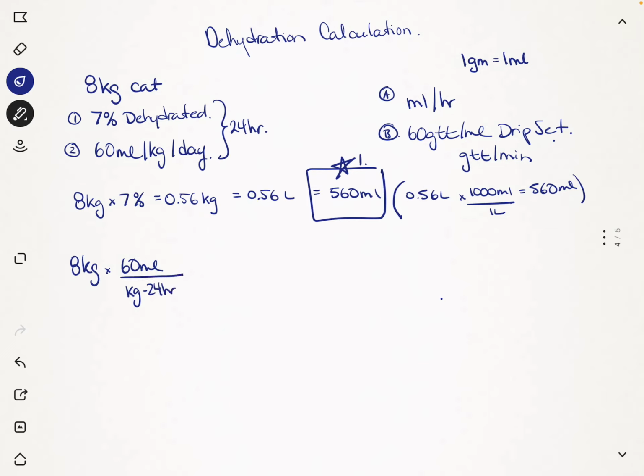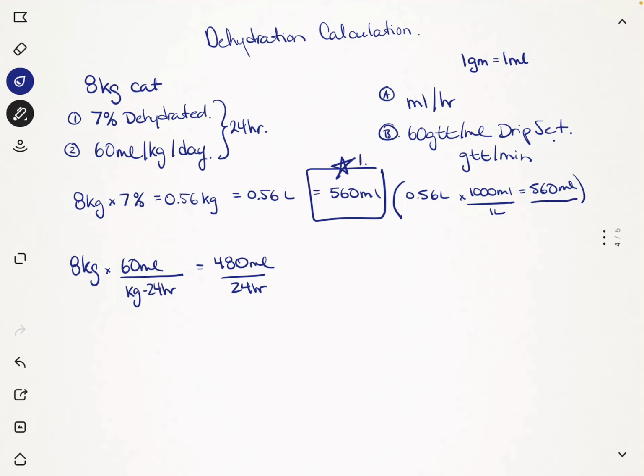So then we go 8 times 60, which gives us 480 mils over 24 hours. I could go ahead and change the 480 mils over 24 hours into mil per hour, but because this is like a 2-parter, let's leave it as it is.